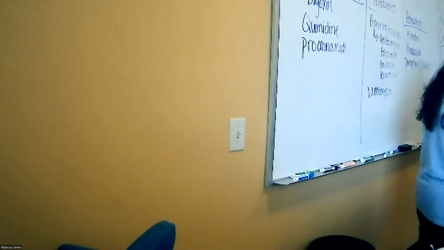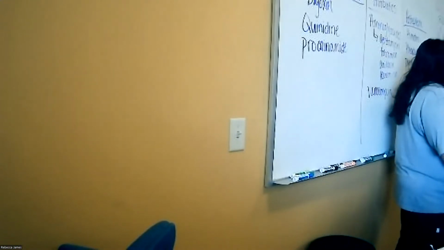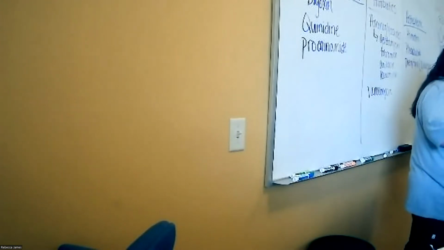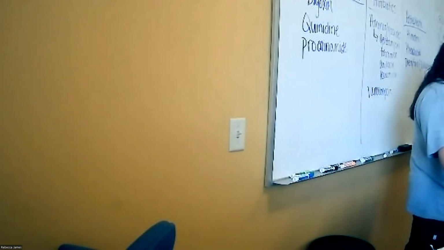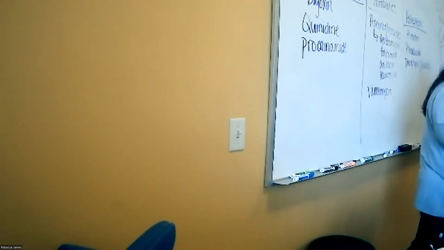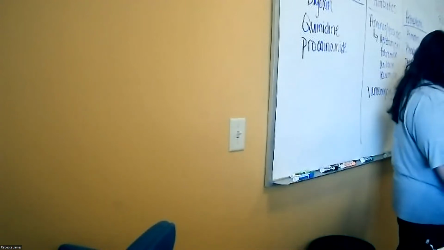Dilantin is the name brand, kind of like Tylenol is the name brand for acetaminophen, or Motrin is the name brand for ibuprofen, or Bayer is the name brand for aspirin, or Aleve is the name brand for salicylate. Okay, Dilantin is the name brand for phenytoin.